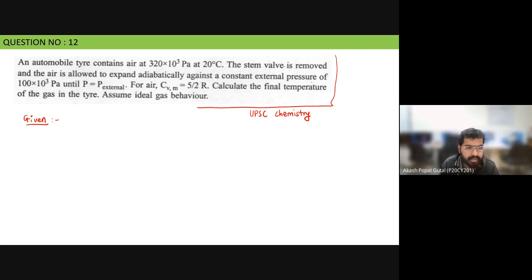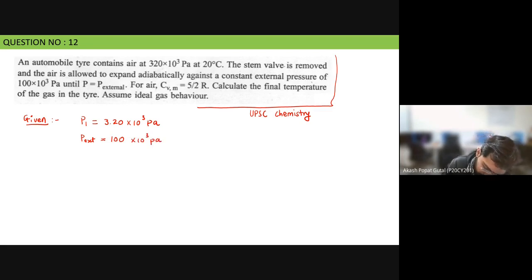This type of question can come in your university exams also. P1 is given 3.2 into 10 raised to 3 Pascal. P external is 110 into 10 raised to 3 Pascal.